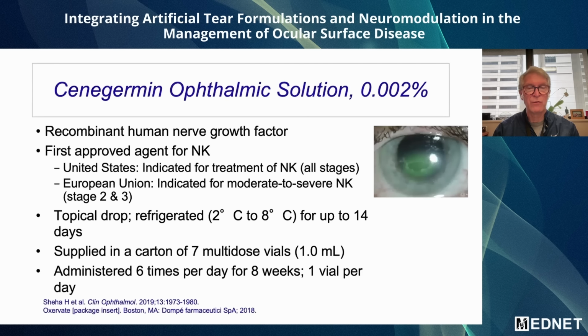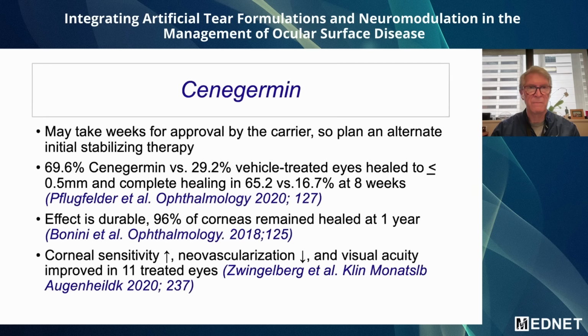In the US, it's indicated for treatment of all stages of NK from stage 1 to 3, and in the EU for moderate to severe NK, stages 2 and 3. The drop has to be refrigerated and can last up to 14 days when it's refrigerated. It's supplied in cartons of 7 multi-dose vials, each 1 ml, and it's administered 6 times a day for 8 weeks.